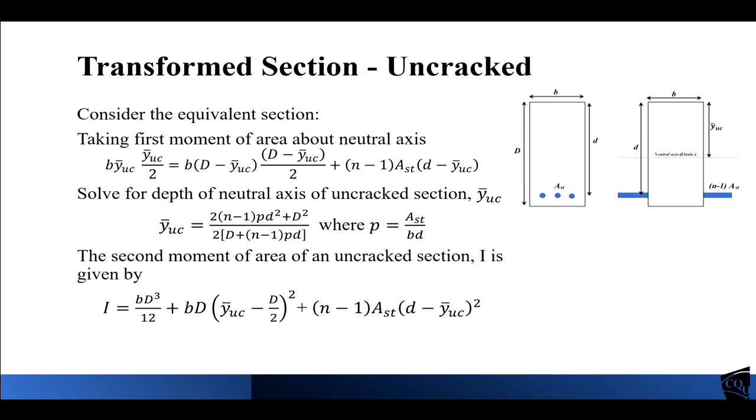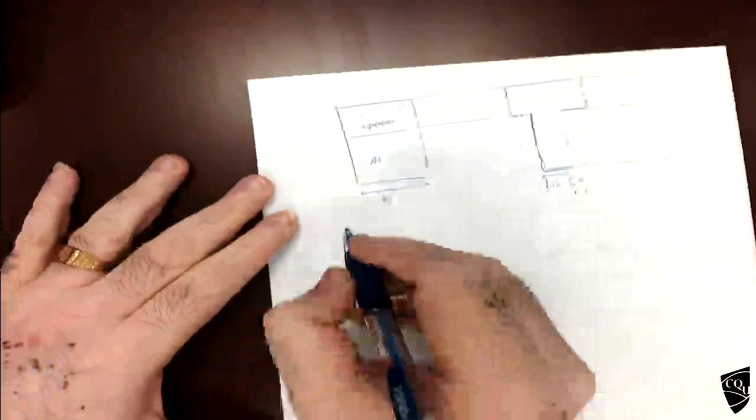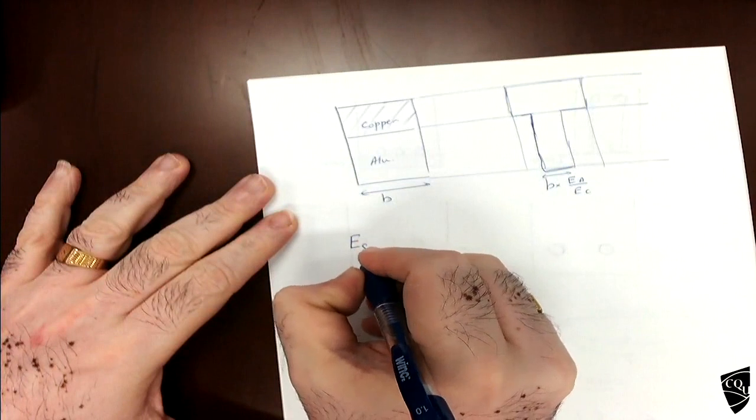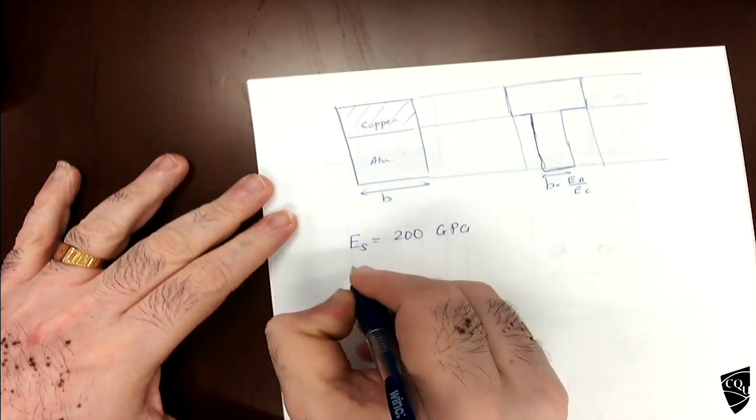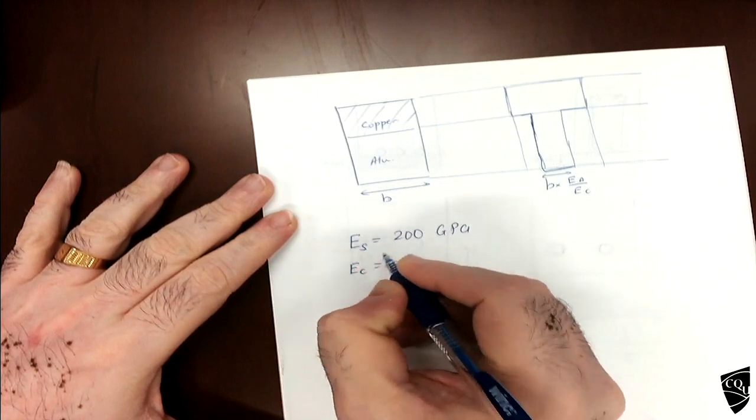So when we replace the steel with concrete, let's say for example, Es is 200, which doesn't change, and Ec can change.